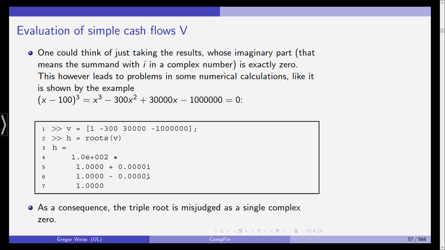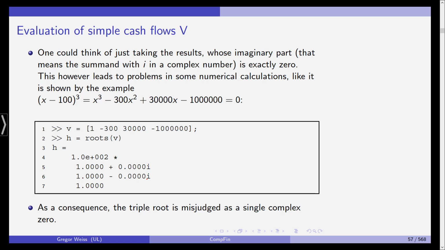For example, take (x minus 100) taken to the power of 3, and this is the polynomial x taken to the third power minus 300x squared plus and so on, equals 0. And as you can see, we have 3 zeros. Actually we have one zero of order 3 at 100, a triple root.